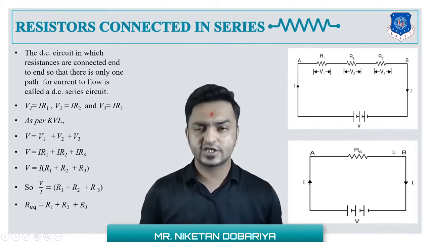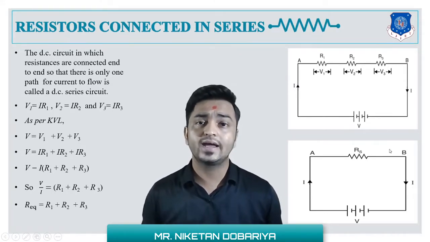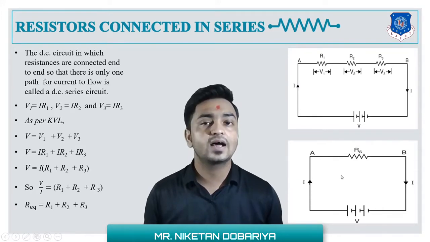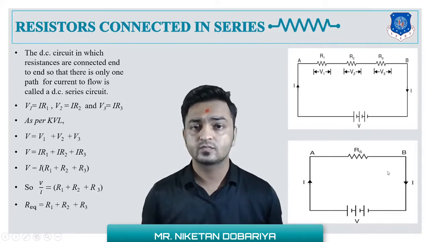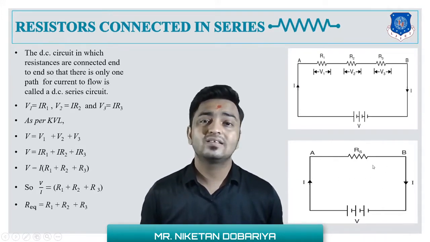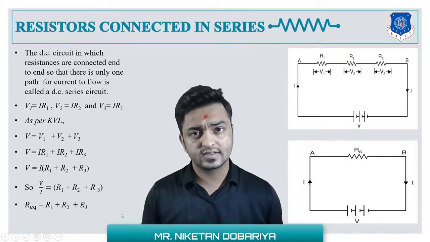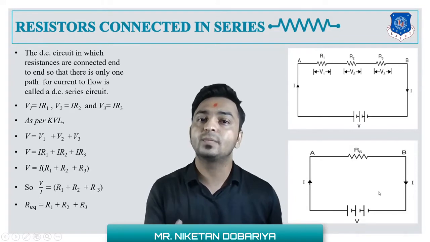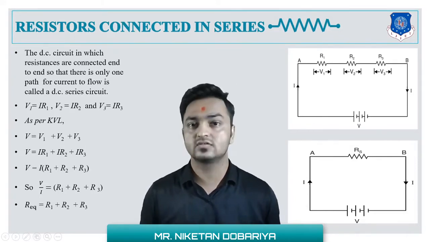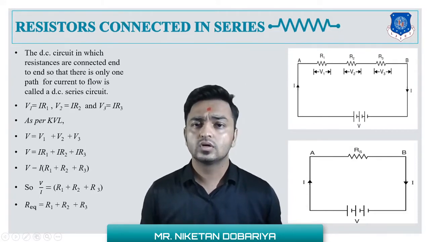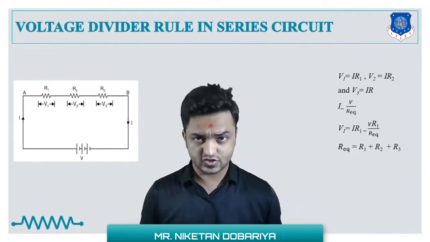As this is a series connection, I have temporarily mentioned the equivalent resistor as RS. So this RS is nothing but the equivalent resistor, R1 plus R2 plus R3, and that can replace these three resistors. So this was the series connection.